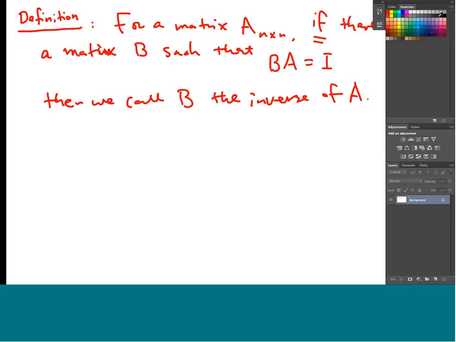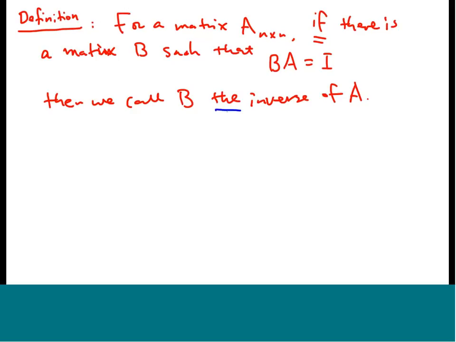Here, using the word "the inverse" means the inverse is unique. So you have the following thing to prove. First, if BA equals I, then AB equals I. The proof has to use row operations, since every matrix can be handled with row operations.